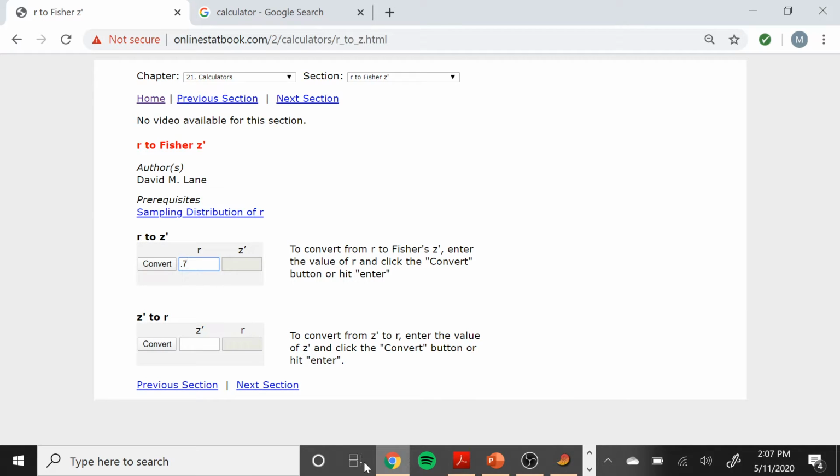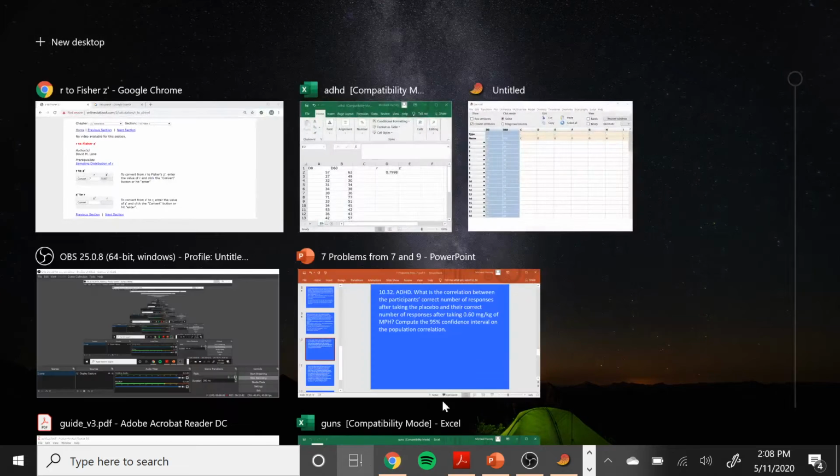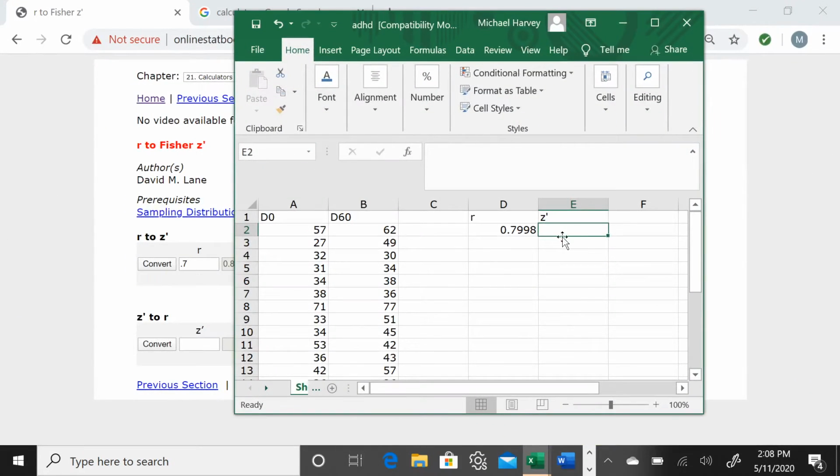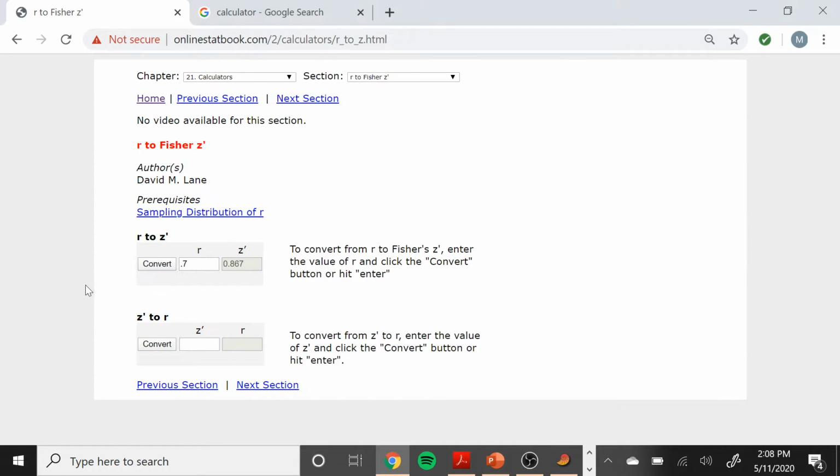All right, 0.7998. Let's see. I think all that'll fit in here. 0.7998. Okay. All right, so there's the Z prime value, or Fisher Z value.